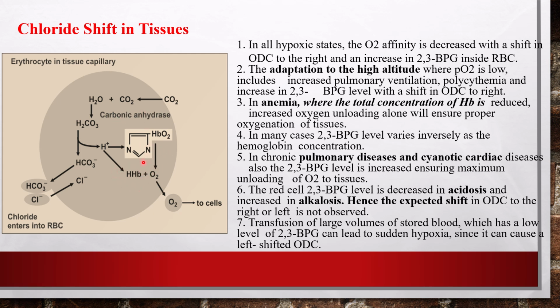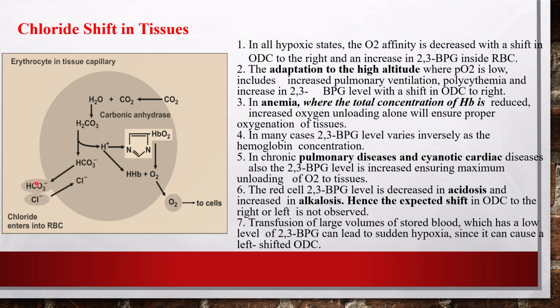They form the hemoglobinic acid, and this bicarbonate is in high concentration, so it starts coming out of the erythrocyte, right from erythrocyte to the plasma, and in exchange for this bicarbonate ion, the chlorides get inside the RBCs in order to maintain the ion balance. So this is known as chloride shift.